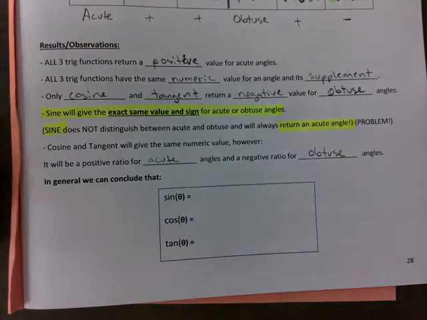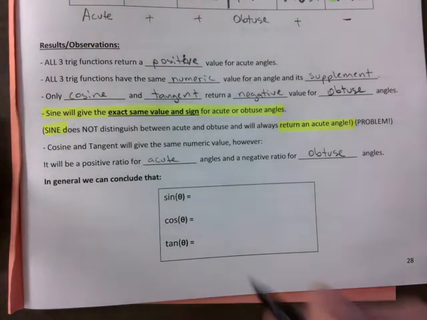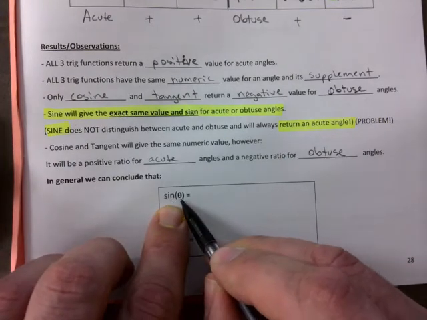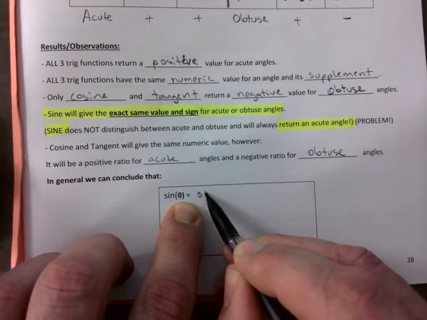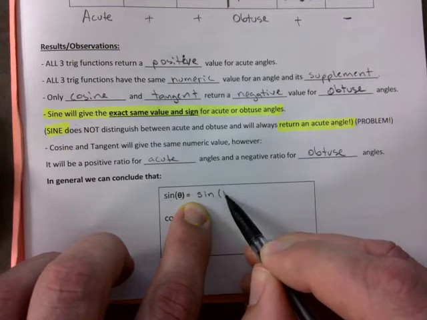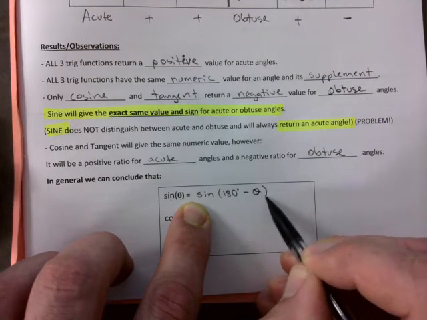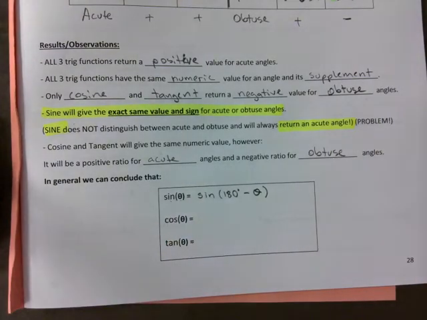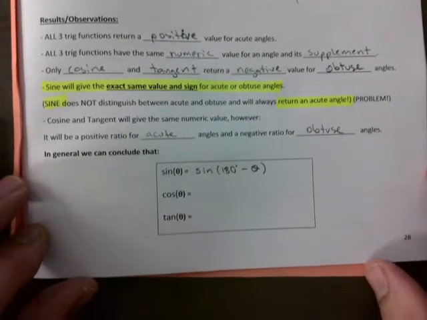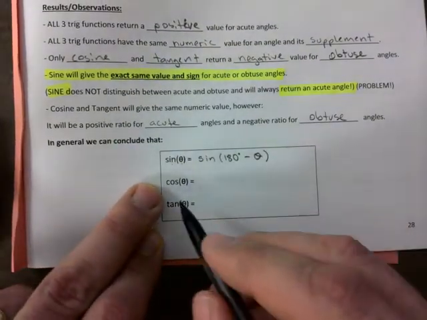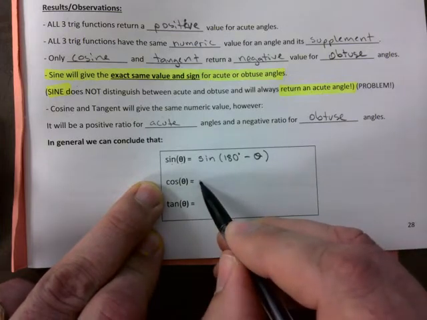So in general, we can conclude the following. Sine of theta is going to be exactly the same as sine of 180 degrees minus theta. And you're like, that almost looks like standard deviation. What is standard deviation doing in trig? It's theta. I'm not an expert in Greek, so that's as best you can get.